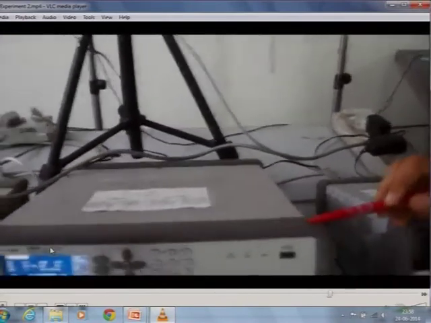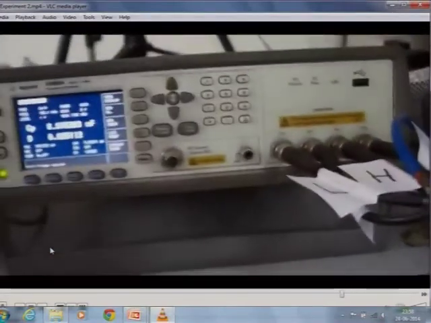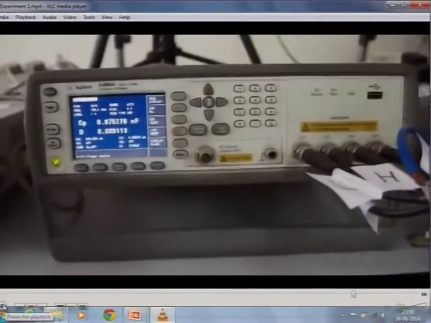The readings for this experiment are captured by an LCR meter. This is the instrument which is used for capturing the data.